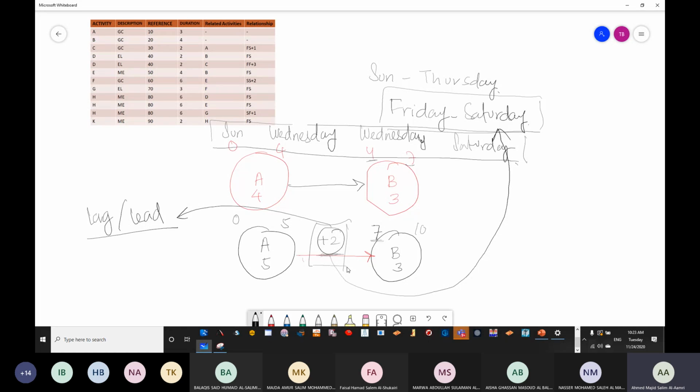But you should know that one of the disadvantages of the ADM is an advantage of the BDM, that the BDM allows you to have artificial gaps or overlaps called lag and lead. We can show extra values or minus values to represent something. Now, with a plus value, we learned that it's a gap.